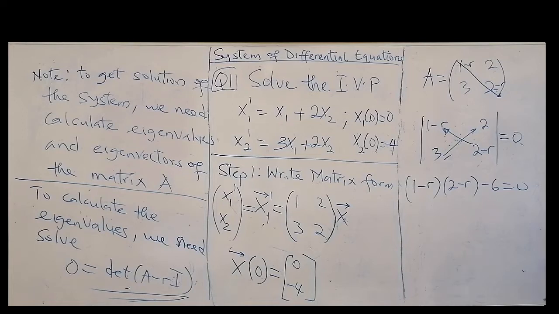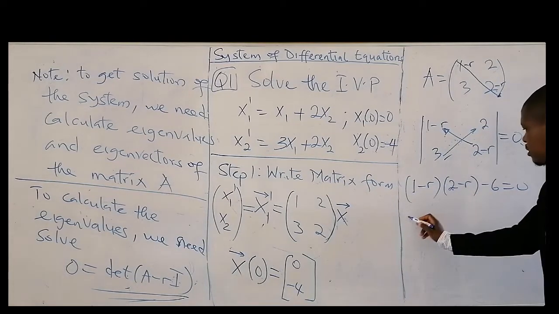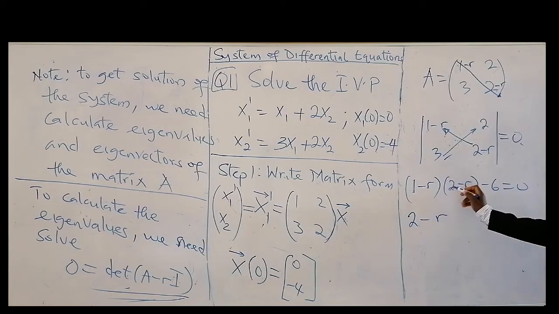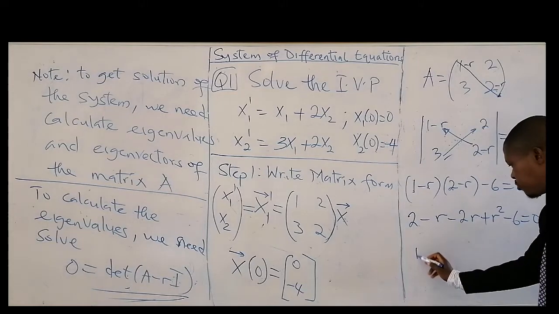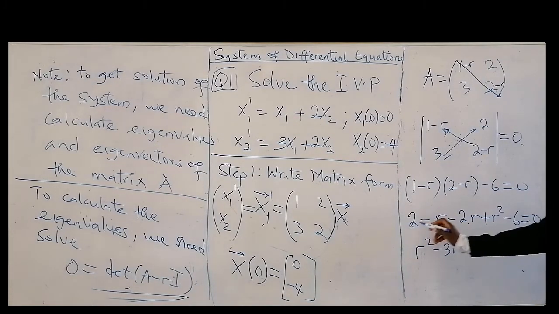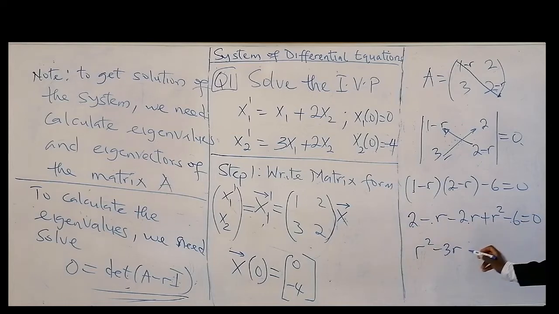Let's do the expansion. 1 times 2 is 2; then minus r, minus 2r, plus r squared, then minus 6 equal to 0. Arranging according to the power of r: r squared minus 3r, and then 2 minus 6, that's minus 4, equal to 0.